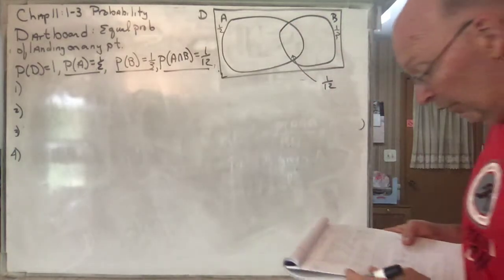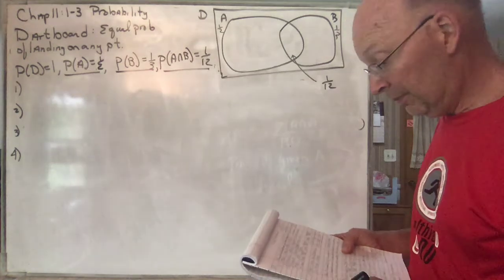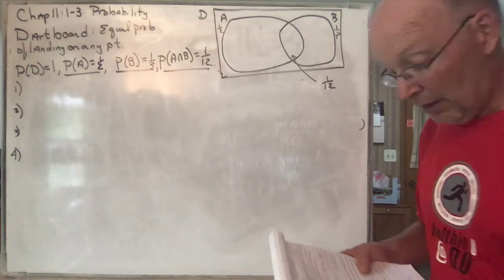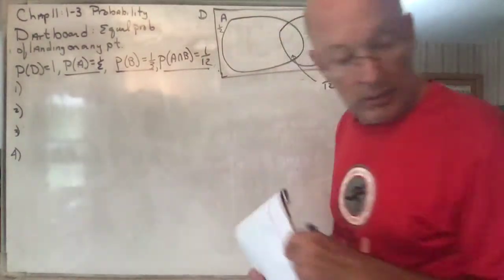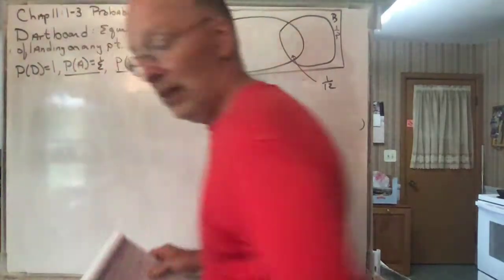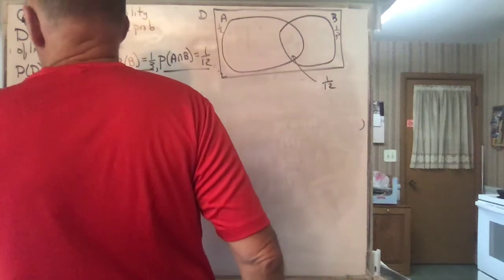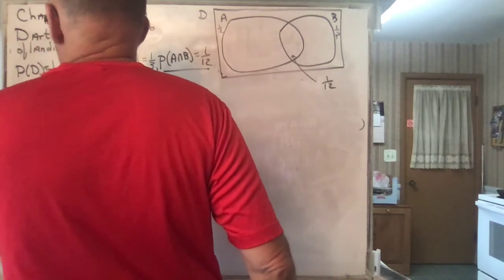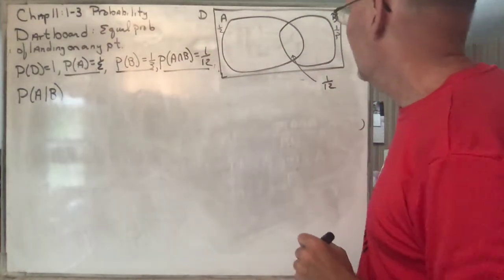So that's what we know. And so we want to find, as before, the probability of A given B. What's the probability of A given B?